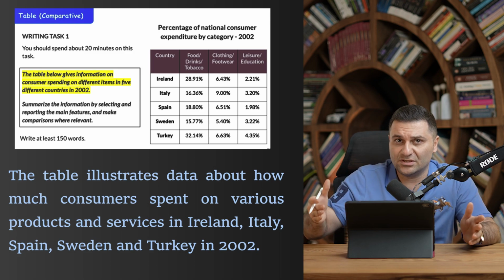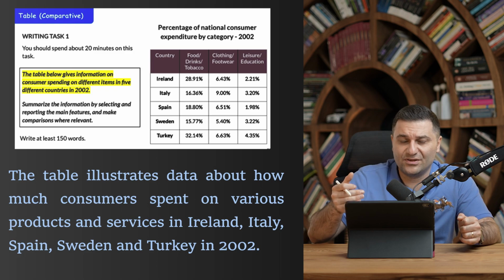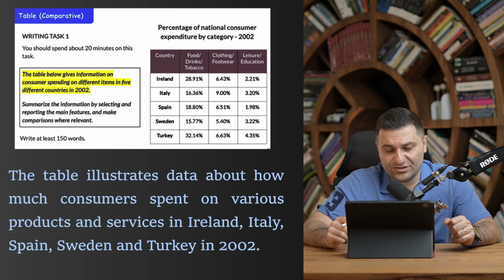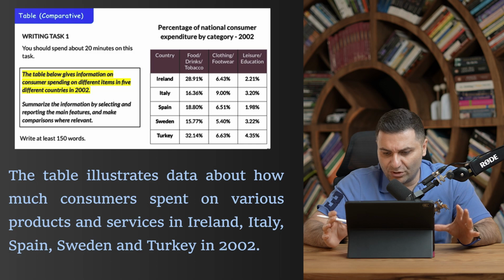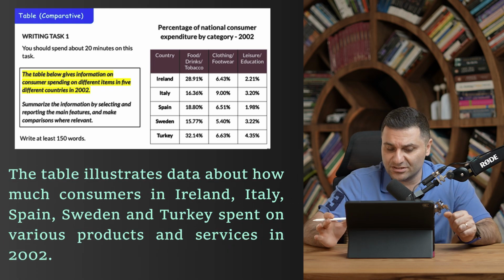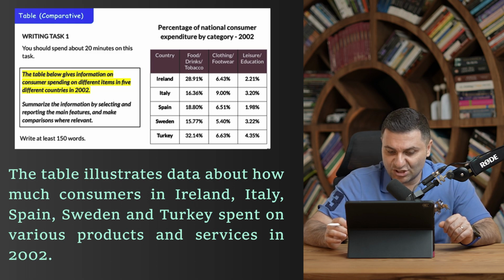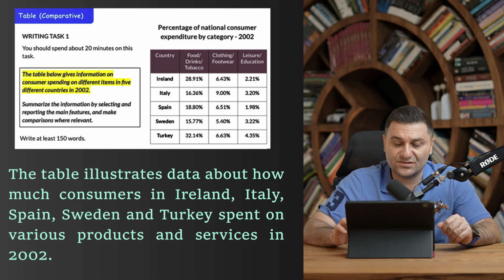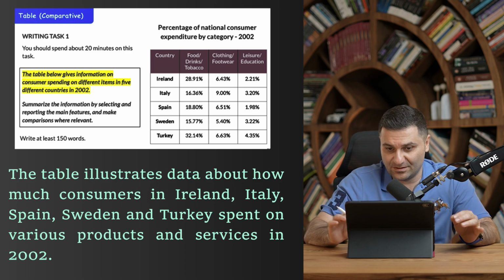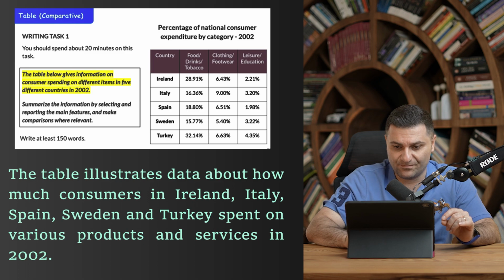So the order of the words should not be the same as the question itself. So if we change the word order, we can include the name of the countries in the middle of a sentence, like this. The table illustrates data about how much consumers in Ireland, Italy, Spain, Sweden, and Turkey spent on various products and services in 2002. This is a very good opening sentence.